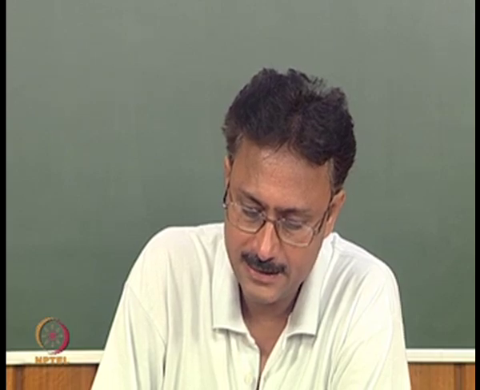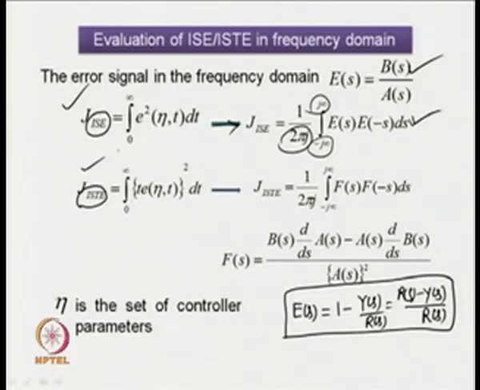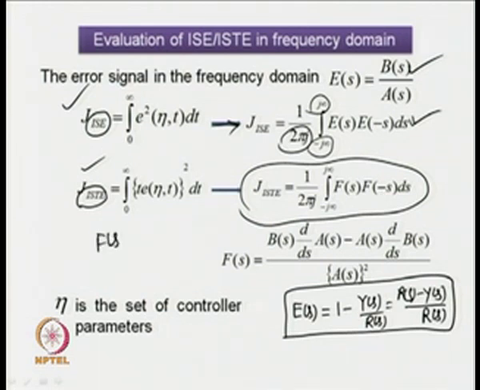Similarly, the ISTE performance criterion can be estimated using the formula 1 upon 2 pi j integration from minus j infinity to j infinity of F(s) F(-s) ds, where F(s) is the first order differentiation of E(s) with respect to s.